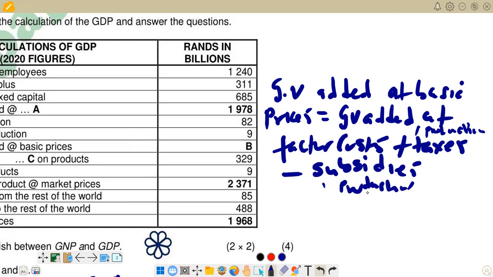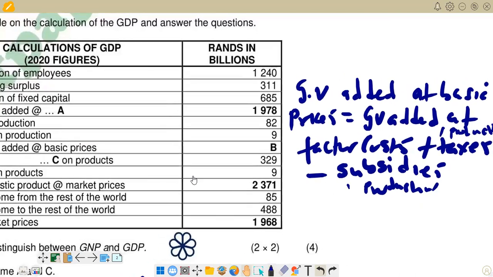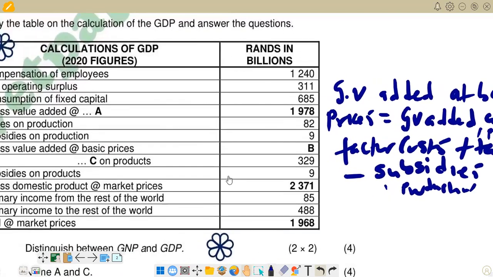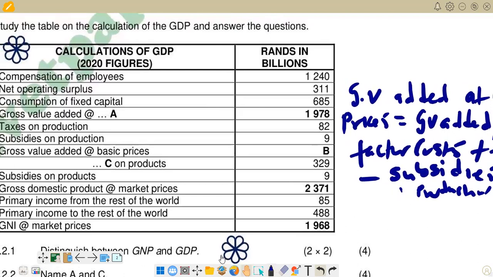So if you go to our table to look for value added at factor cost, we see that value added at factor cost is the one in bold, 1,978. Then we are adding taxes on production, which is 82 here.